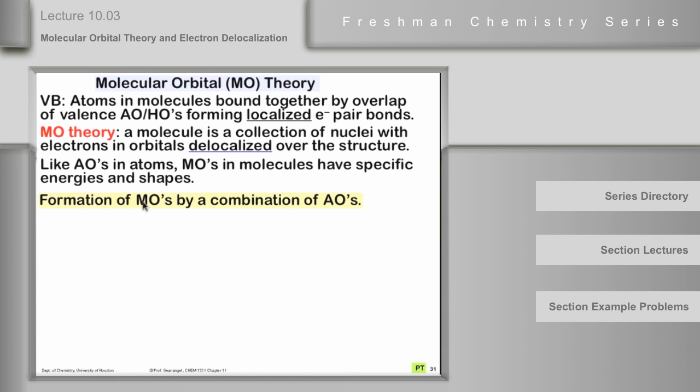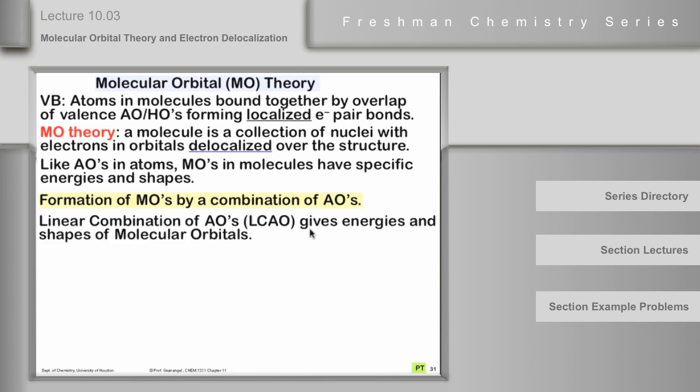The molecular orbitals are conceptually formed by a combination of the wave functions of atomic orbitals. This is done by what's called a linear combination of atomic orbitals. Well, don't worry about that. Mathematically, since we're only dealing with diatomics, the linear combination is we're either going to add them or we're going to subtract them. So it's not going to be big deal math here, right?